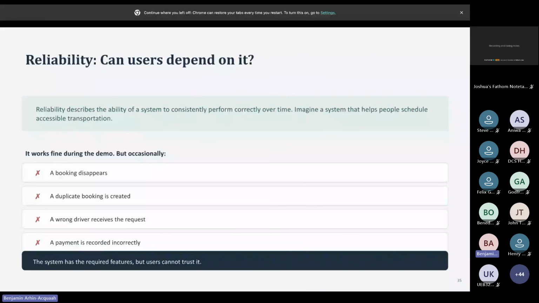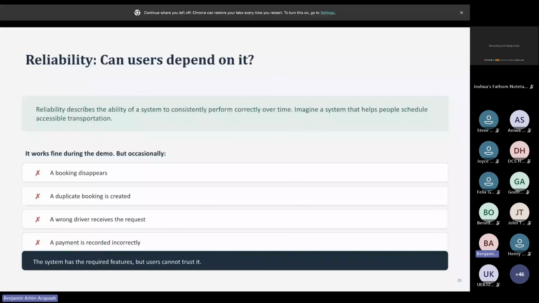Reliability in the context of non-functional requirements just describes the ability of a system to consistently perform correctly over time. Imagine a system that helps people schedule accessible transportation. It works fine during a demo, but occasionally you realize some bookings disappear, a duplicate booking is created, a wrong driver receives the request, or a payment is recorded incorrectly.